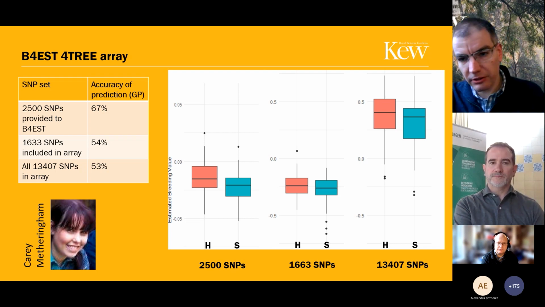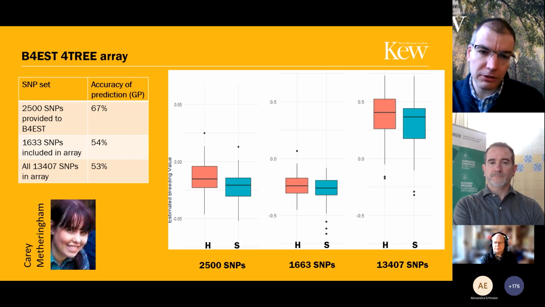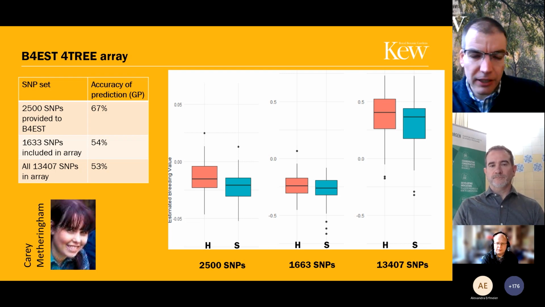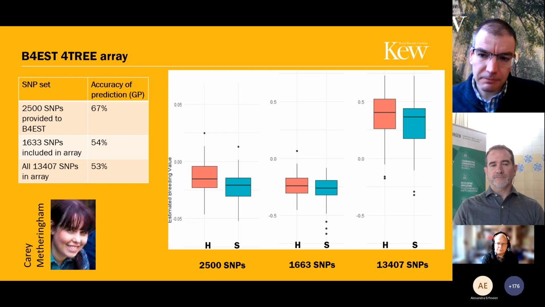And we also reanalyzed the Stocks et al. data, looking at all of the SNPs in the Bee Forest array, and we couldn't get good accuracy of prediction from that either. So we were quite disappointed about that. But I think it's telling us something interesting, and that is when you're making an array like the Bee Forest 4-tree array, you have to avoid areas where you've got repetitive sequence.